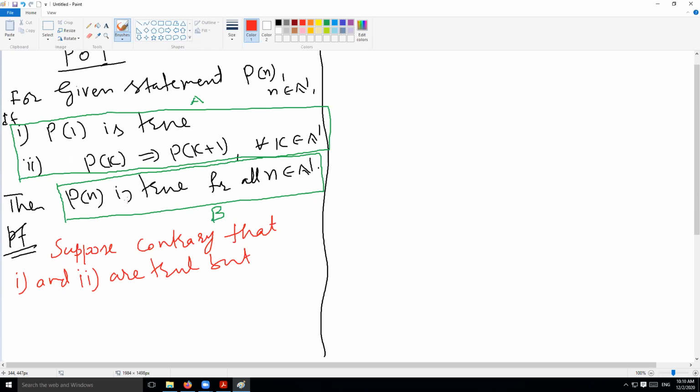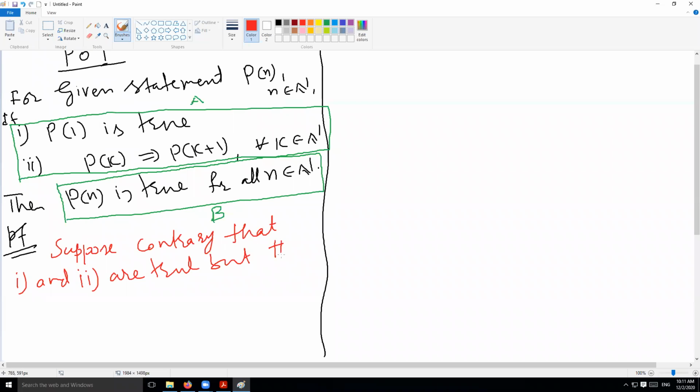The B says P of n is true for all n. What would be the negation of it? P of n is false for some n. Do all of you agree that this would be the negation? Yes, sir. Good.